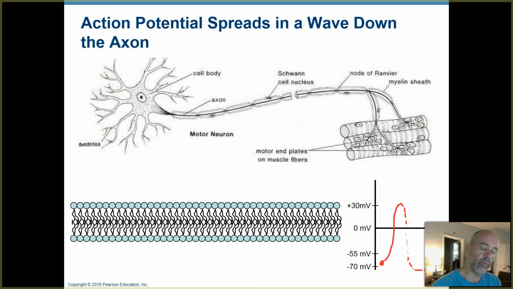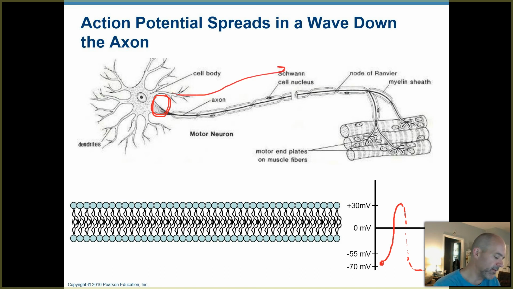That happens through sodium ions moving in and potassium ions moving out to repolarize our cell membrane. Then we also said that this is going to start here at the axon hillock, that little widened area of the axon where it connects to the cell body. All right, so we need this to spread down the axon.